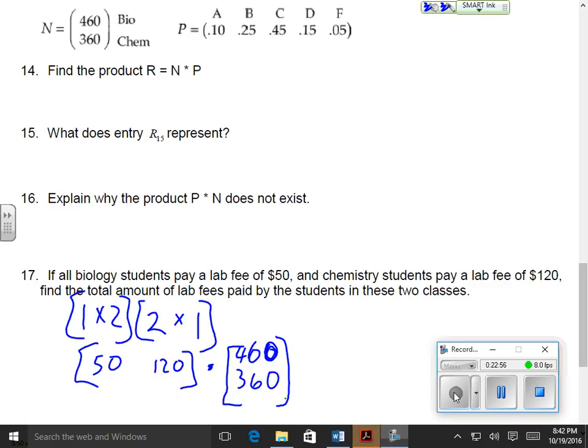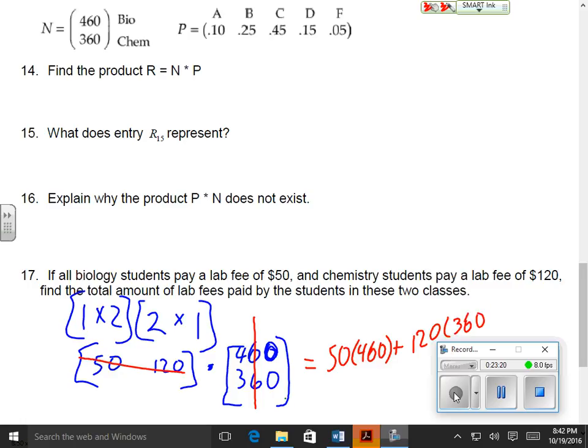The reason I'm going to do this is because when I multiply, I'm going to multiply this row by this column, and I'm going to get 50 times 460 plus 120 times 360.